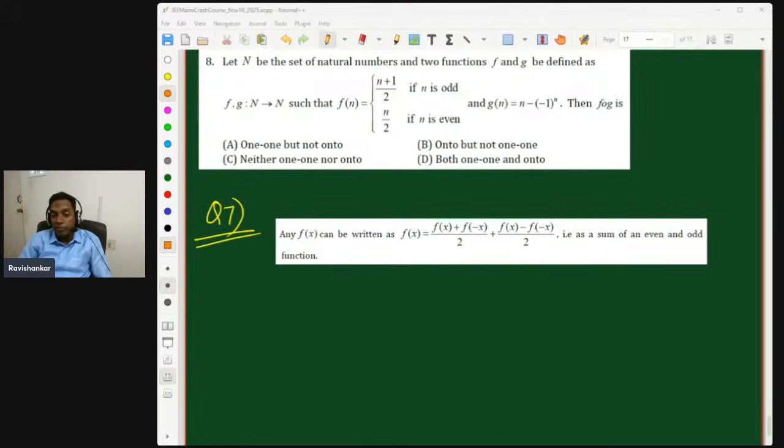And what I did not mention, and which I'm going to mention now, is a very important point: it can be written in a unique way.